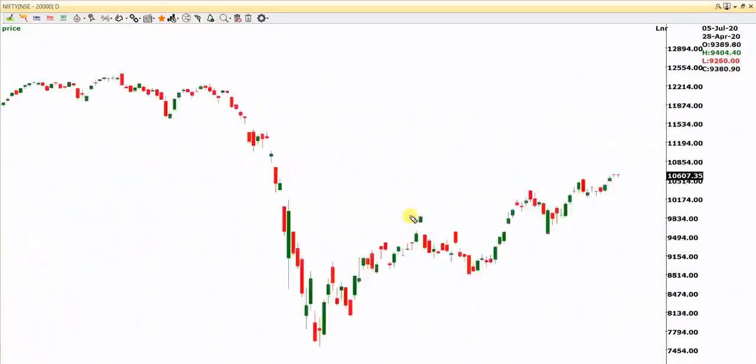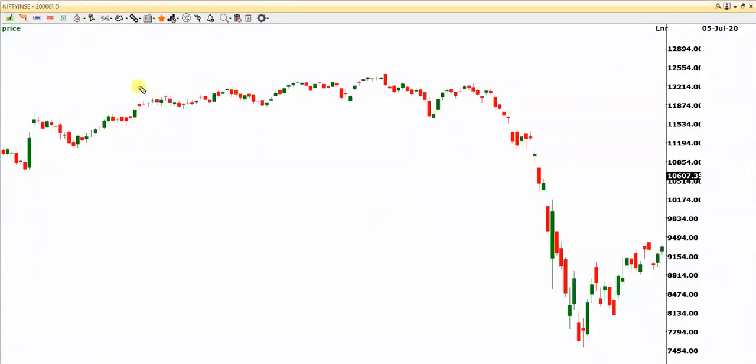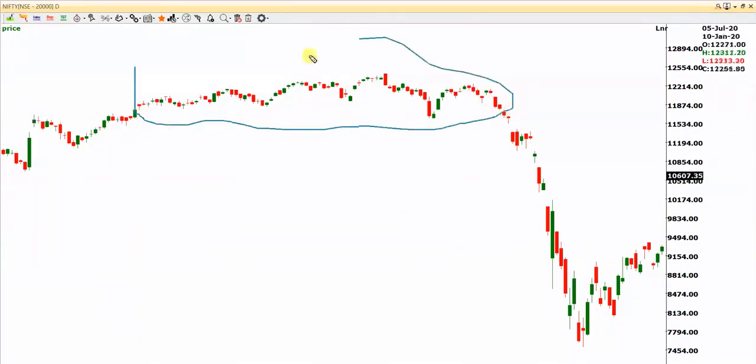Okay, and look at the distribution phase here in Nifty. Look at this, and look at the correction. This is all about during Corona.